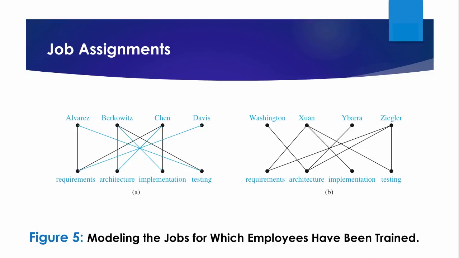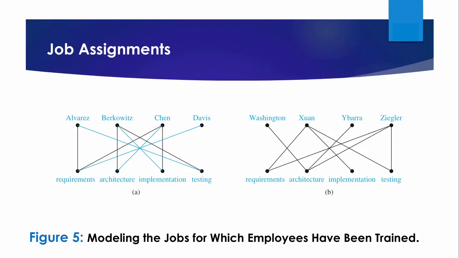To help with this task, we can use a graph to model employee capabilities. We represent each employee by a vertex and each job by a vertex. For each employee, we include an edge from that employee to all jobs that the employee has been trained to do. Note that the vertex set of this graph can be partitioned into two disjoint sets, the set of employees and the set of jobs, and each edge connects an employee to a job.